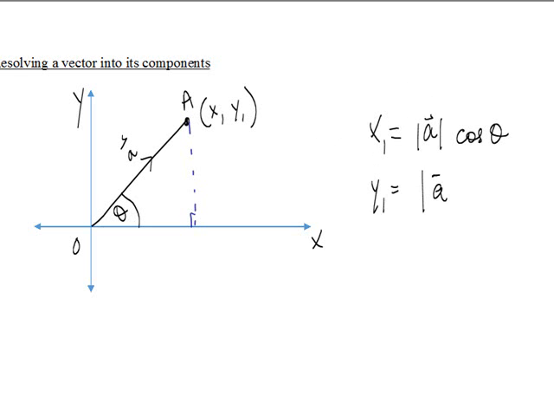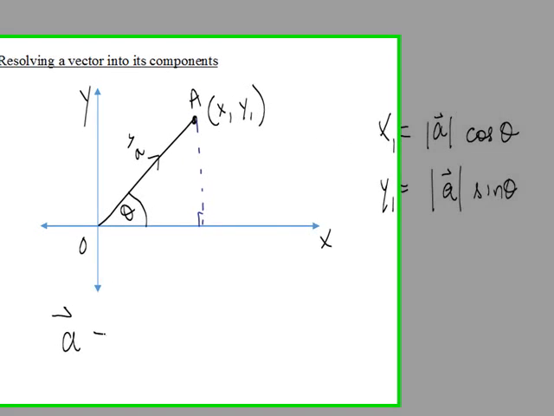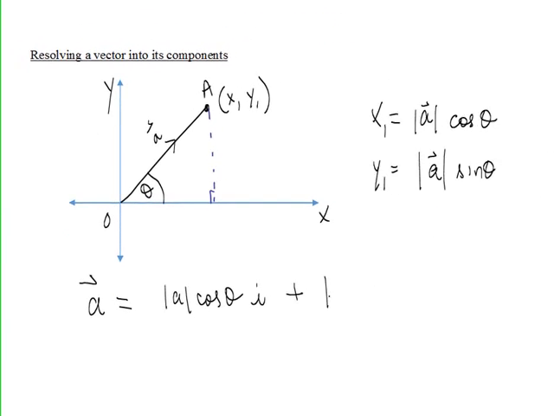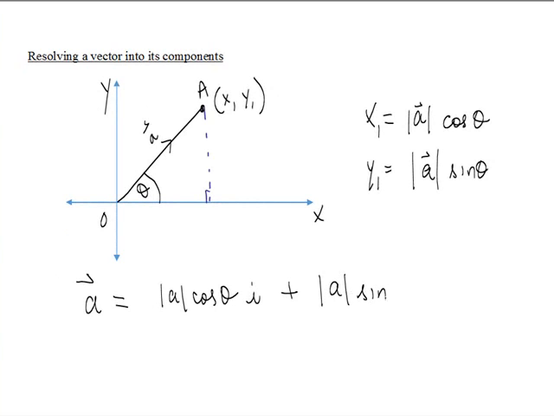The length of A times what? Sine theta. And so therefore we say that the vector A can be decomposed as length of A cosine theta times i plus length of A sine theta times j.